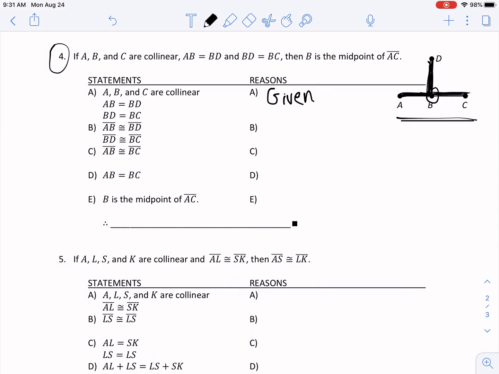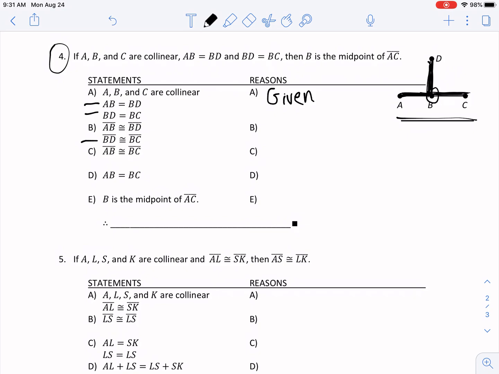Okay, then on statement B, it says segment AB is congruent to segment BD. Well, how do we know that? Well, we know by the definition of congruent segments, if 2 segments have the same length, they're congruent to each other. And we were told in our given statement that those 2 have the same length. And it's the same argument for this one: BD is congruent to BC because BD and BC have the same length.